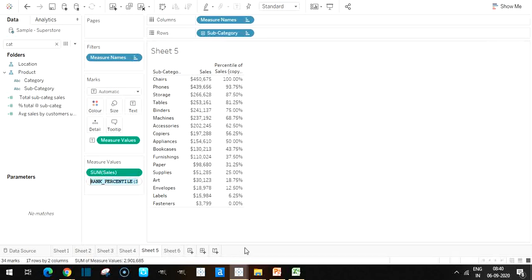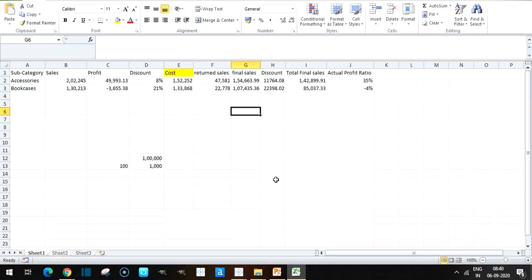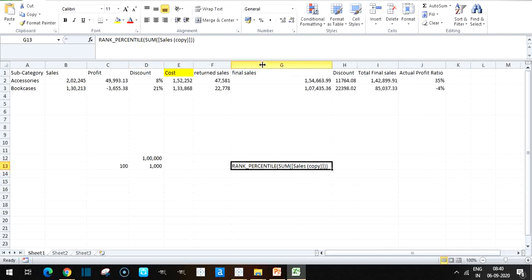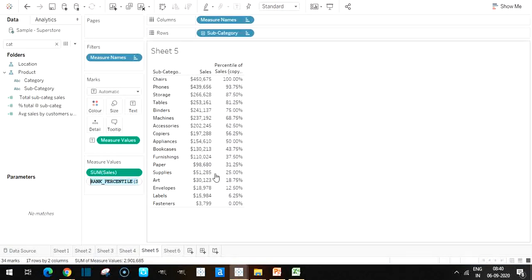I'll copy this, and this is the actual formula which has been using rank percentile. It's not that complicated, but there are a couple of nested formulas, rank percentile, then sum of this, etc. And the rank percentile is a function. Mind it, this is the function which makes your life easier. It's not a straightforward formula. Tableau has also done this using the function.